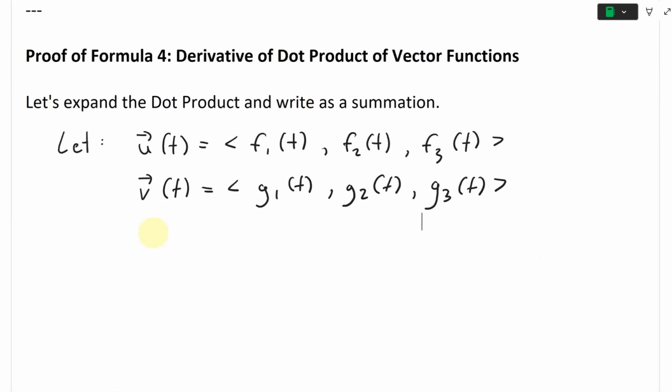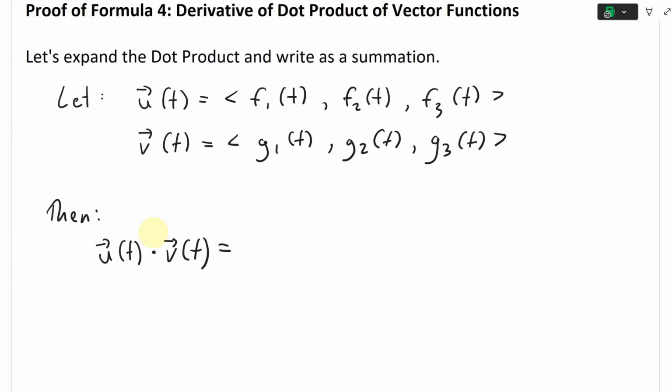Then recall the dot product: u of t dot v of t. You multiply by the corresponding components and add them up.